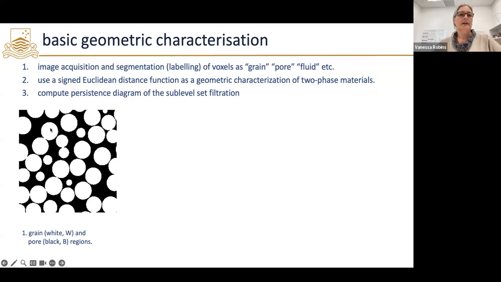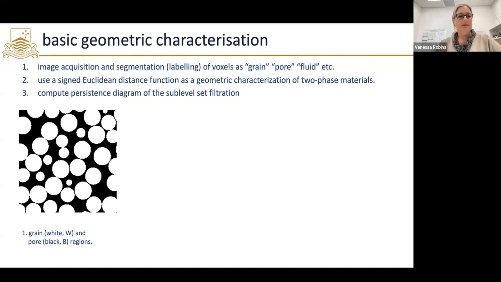So this was an extremely clean sample because we were just imaging silica beads. But when we're looking at real rocks, it can be a much more complicated issue to go about segmenting the samples into grain and pore. But I have, for the large part, left that difficult part to my colleagues.